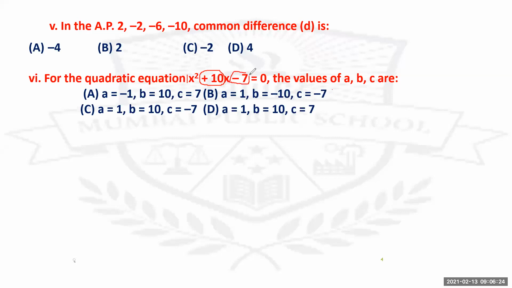The last number along with its sign is minus 7. So you have got 1, 10, minus 7. The correct answer is option C. Is this clear to all the students? Let's move ahead to the next question.